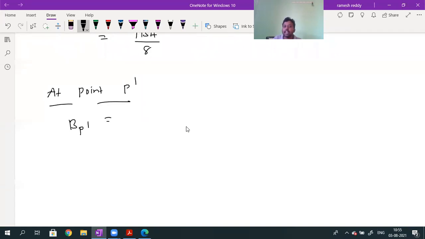Since BH and the axial field are in the same direction, the resultant value is given by BA plus BH. We know the relation: the magnetic field induction on the axial line is equal to 2 times the magnetic field induction on the equatorial line.